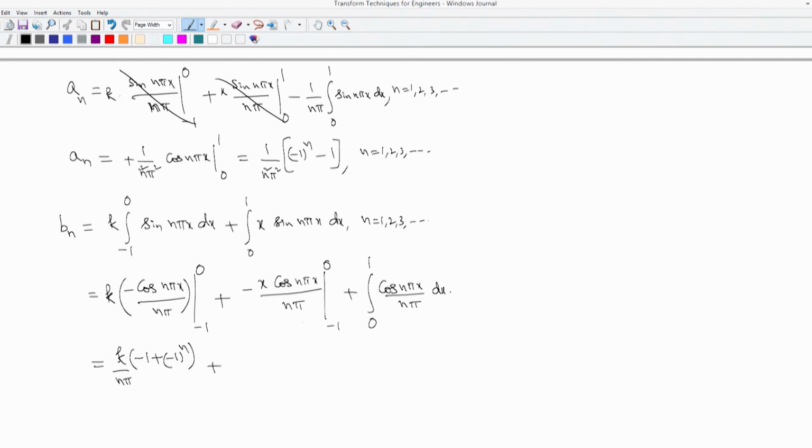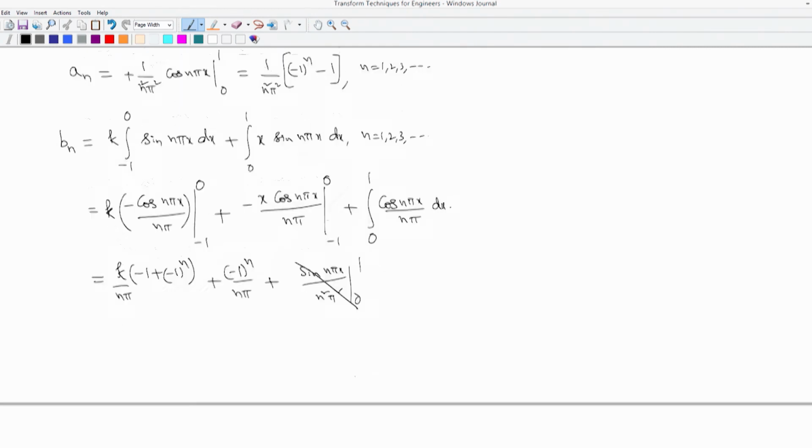So x is 0 at the lower limit, that is 0, and cos n pi. So what you get is minus minus plus 1 by n pi, and the value at cos n pi, that is going to be minus 1 power n, plus sin n pi x by n square pi square between 0 to 1. This is because of sin n pi minus sin 0. So this is anyway 0, the contribution is 0.